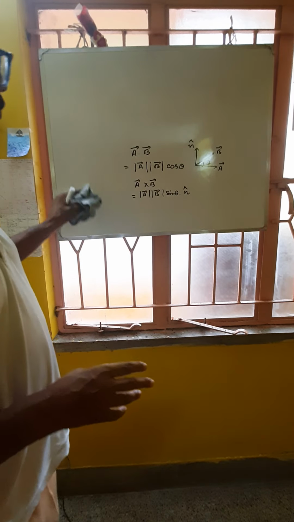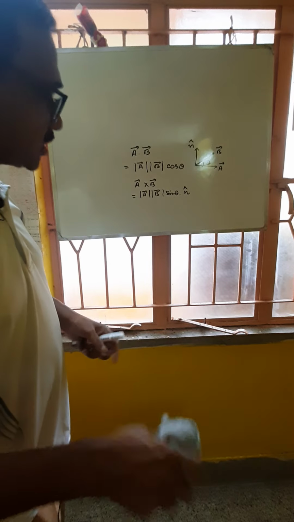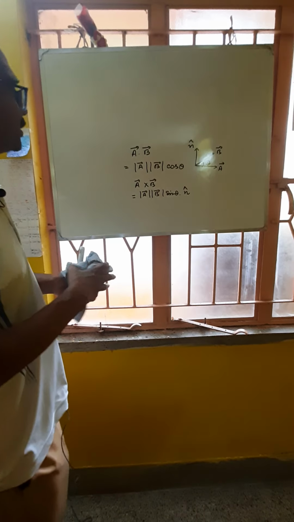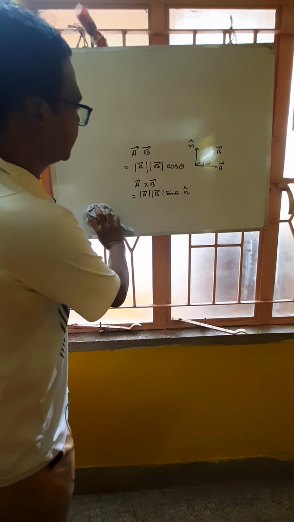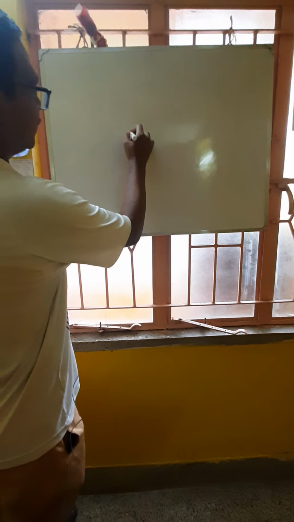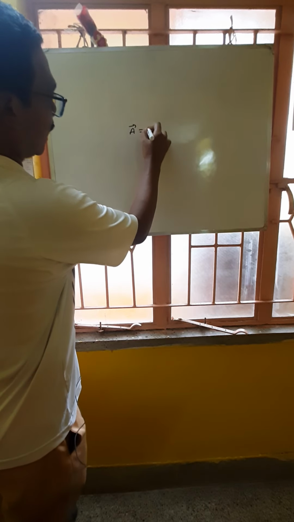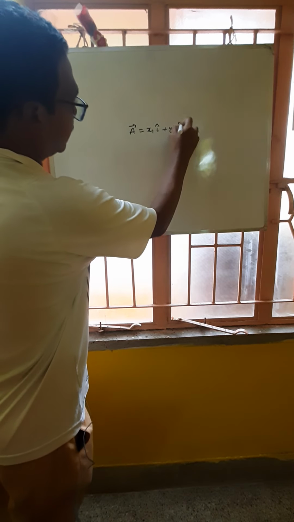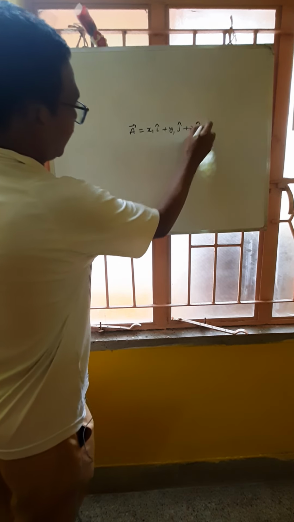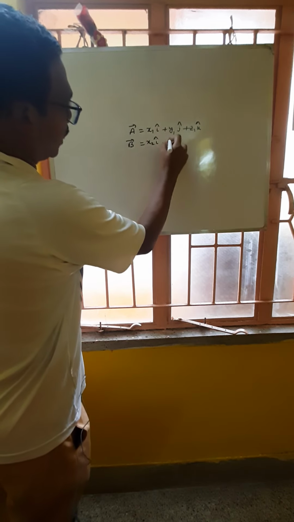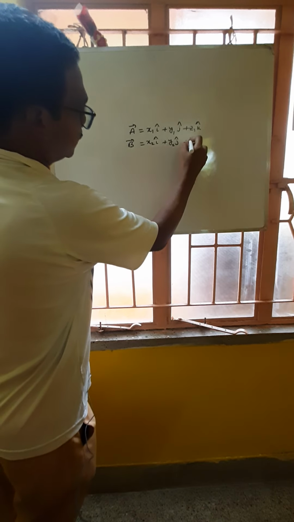So if you know the position vectors well, we may take vector a equals, suppose, x1 i plus y1 j plus z1 k, and vector b equals x2 i plus y2 j plus z2 k.